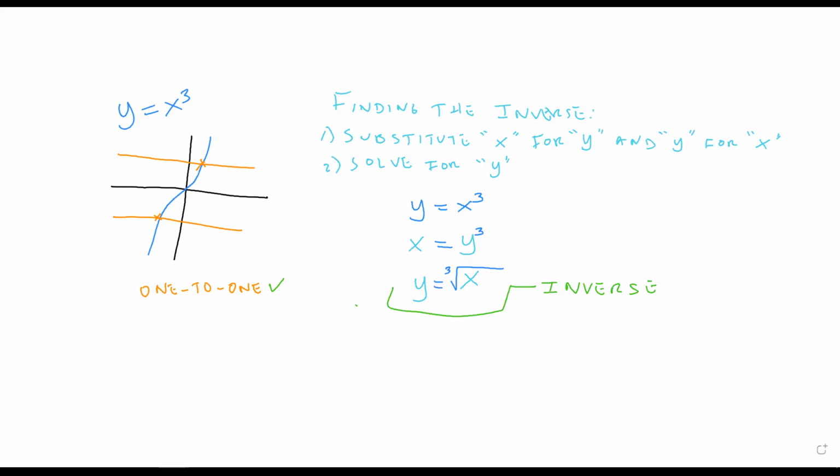Let's do one last one. And the last one is f of x equals 1 divided by x minus 3. Okay, so let's look at this one. Again, let's practice the sketching of the graphs.